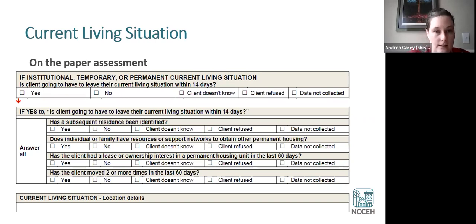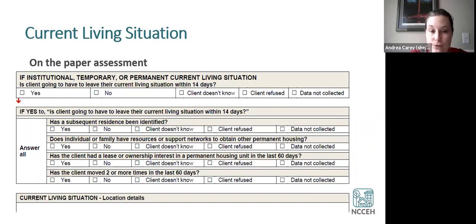So if yes to leaving within 14 days, is the client going to have to leave that situation? Then has a subsequent residence been identified? Do you have any resources, individual or family, that could be used to obtain permanent housing? What does your lease or ownership history look like in the past 60 days?